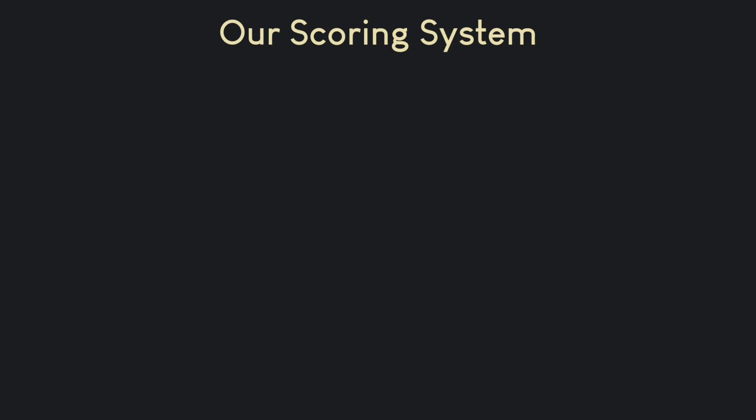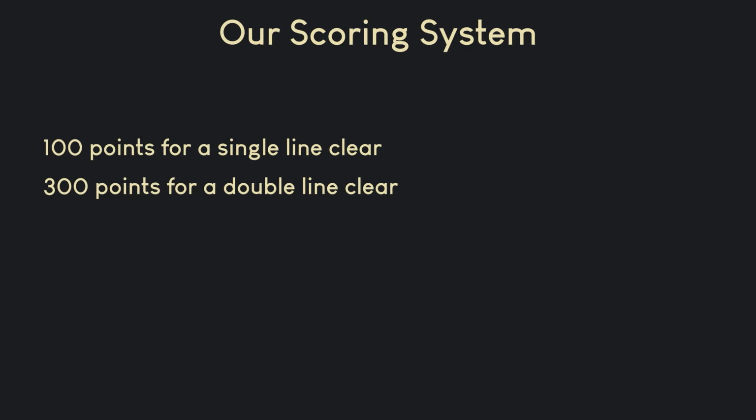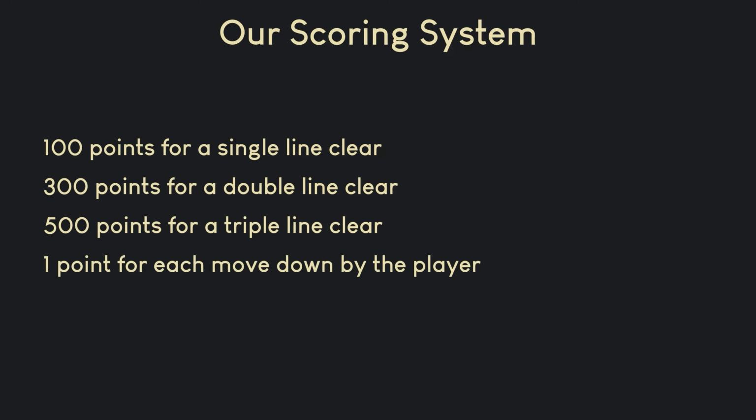In our simplified version of Tetris, the player will earn points for clearing lines and moving the block down. Specifically, we can assign the following point values to different actions: 100 points for a single line clear, 300 points for a double line clear, 500 points for a triple line clear, and 1 point for each block moved down by the player.